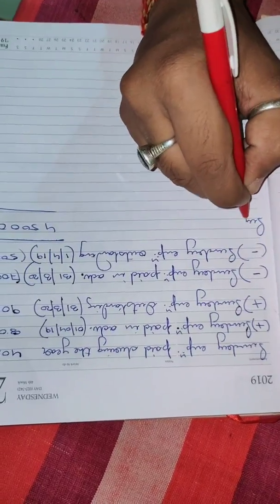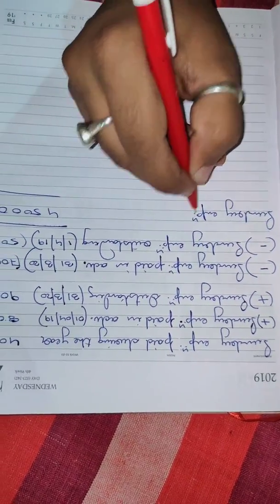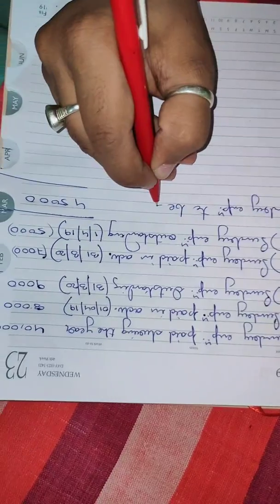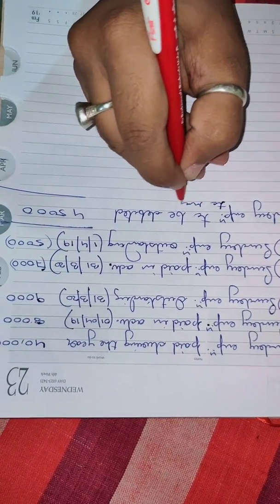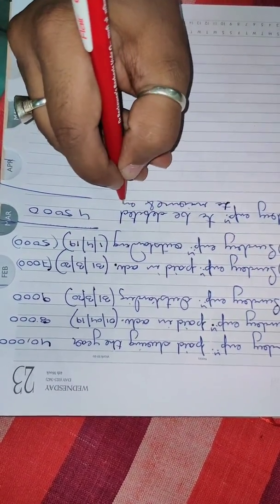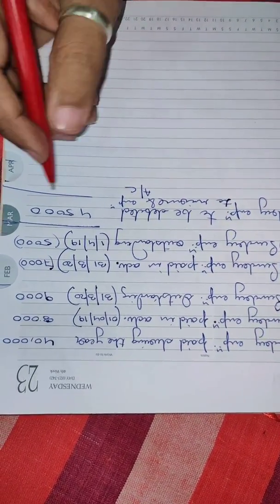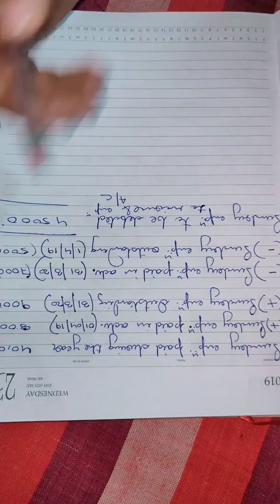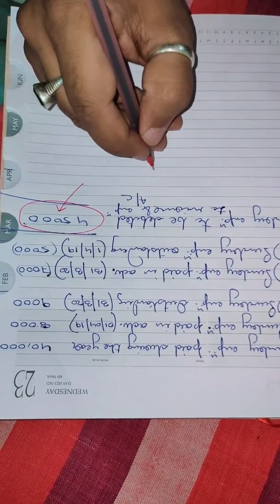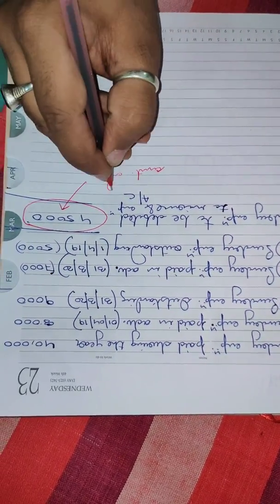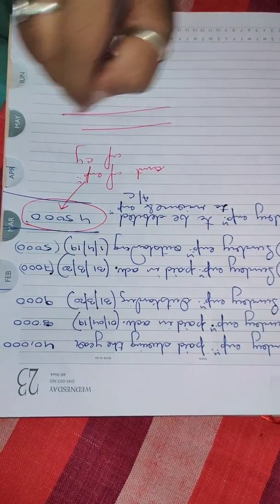We will write sundry expenses to be debited to income and expenditure account. See, just remember one thing. This is the expense of current year. This is the amount of expense of current year.